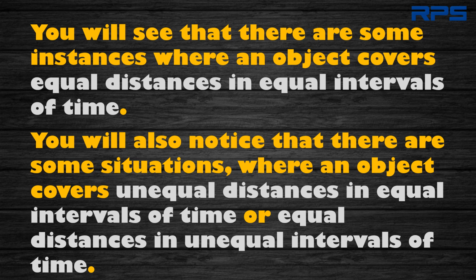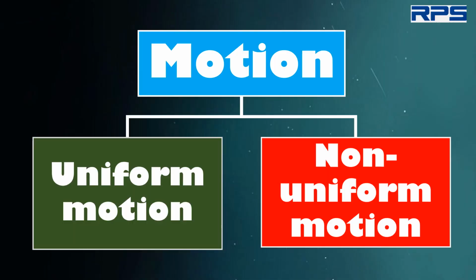You will also notice that there are some other situations where an object covers unequal distances in equal intervals of time or equal distances in unequal intervals of time. So the motion of objects may be classified as uniform motion or non-uniform motion. Let us study them in detail.